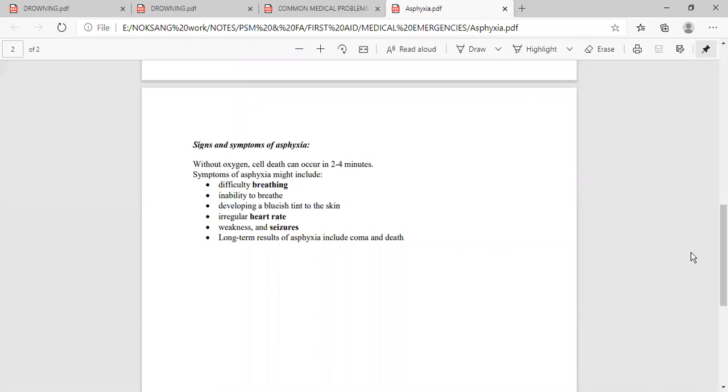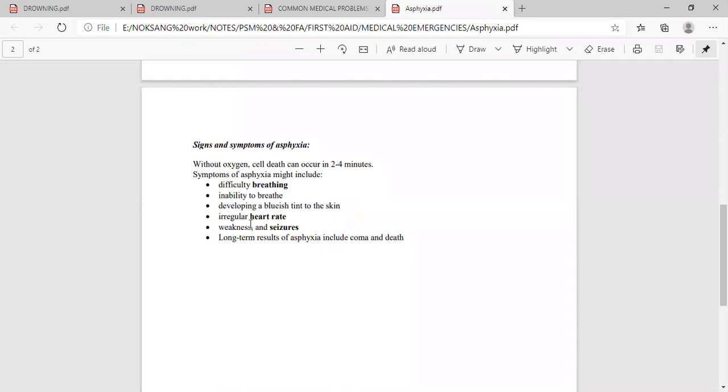The symptoms include difficulty in breathing. You will have intense breathing difficulty, then inability to breathe, then developing of a bluish tint to the color of the skin. Your skin color becomes bluish because of hypoxia.